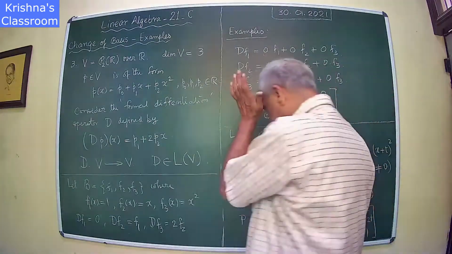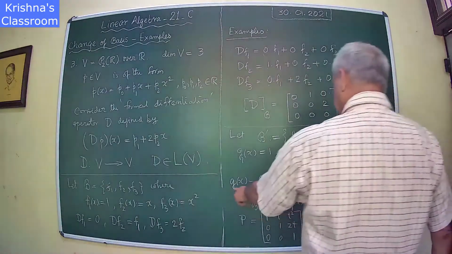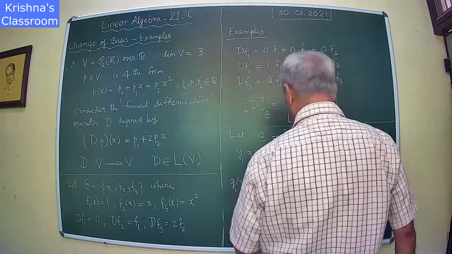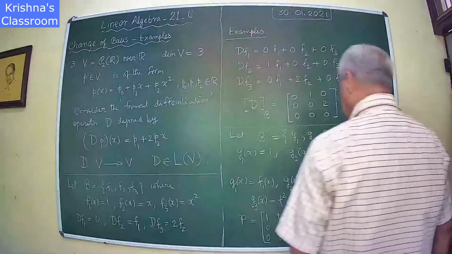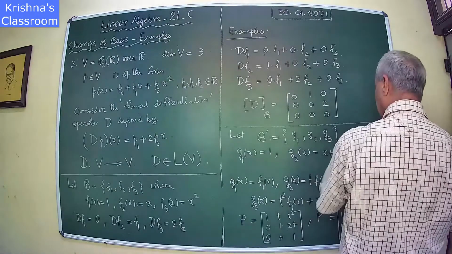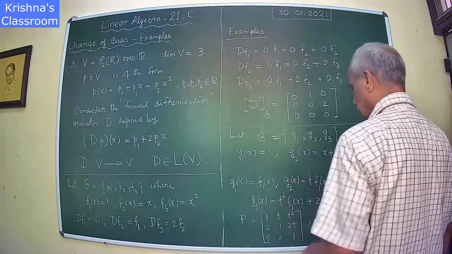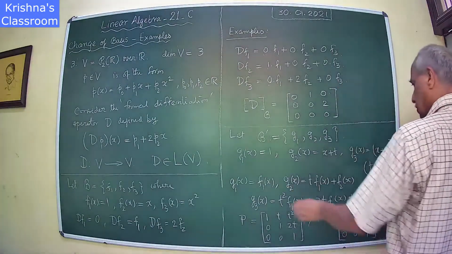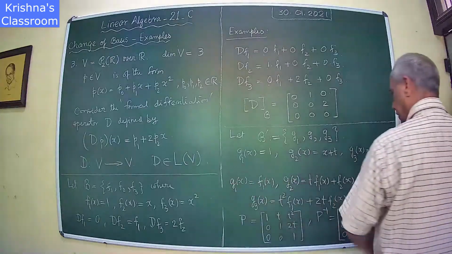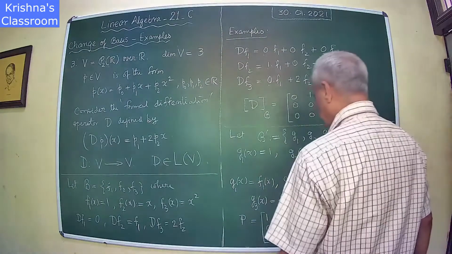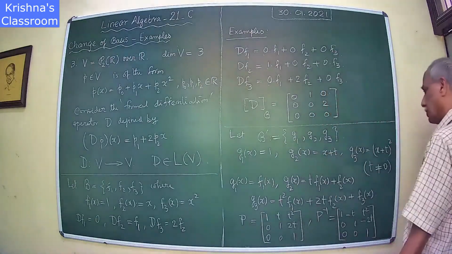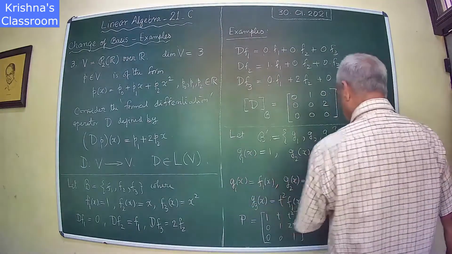What one does is this: from this relation, G1 equal to f1, so f1 is equal to G1 itself. Now you can rewrite this whole thing, so find out f2 in terms of G1 and G2, and f3 in terms of G1, G2, and G3. So from these expressions, solve for f1, f2, f3 in terms of G1, G2, G3.